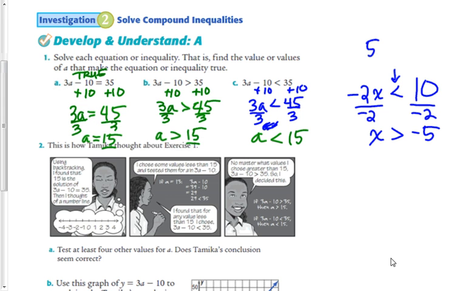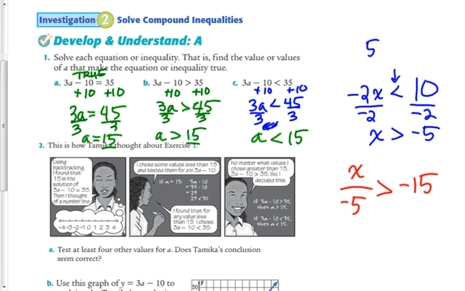There's another situation where that also happens, and that's when you're dividing. Let's say I have some number x divided by negative 5, and I want to know when that will be greater than negative 15. Any positive number would be greater than negative 15, and so on.